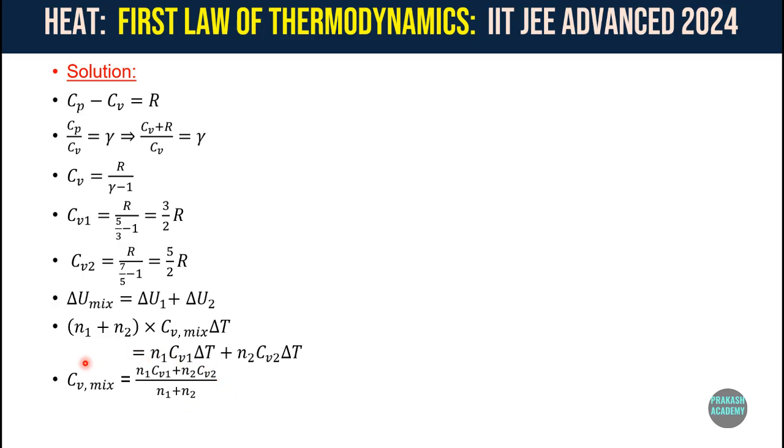So if I know Cv1, Cv2, n1 and n2, I can calculate Cv of the mixture. Here n1 is 2 moles and Cv1 is 3/2 R, n2 is 1 mole and Cv2 is 5/2 R, and n1 plus n2 is 3. This gives Cv of the mixture as 11/6 R.